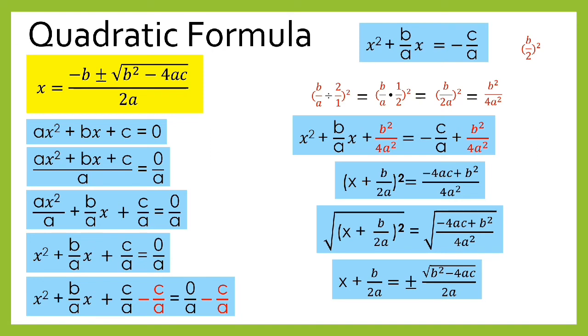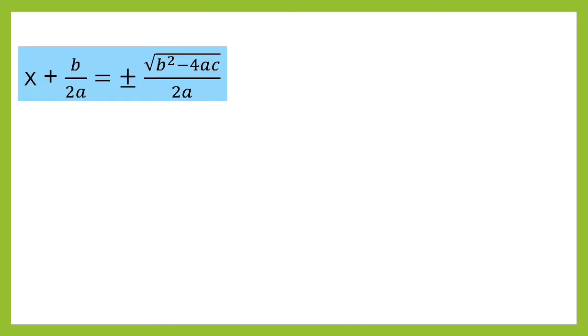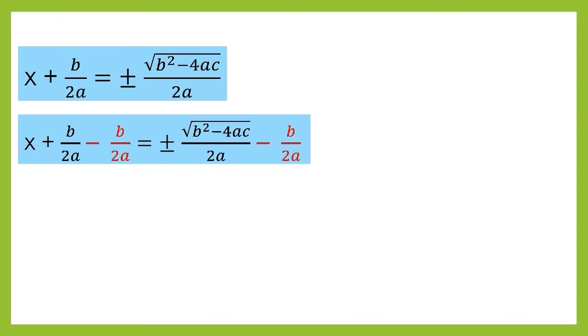Solve for x, we apply the subtraction property of equality. We subtract b over 2a from both sides of the equation. We now have x plus b over 2a minus b over 2a equals plus or minus square root of b squared minus 4ac all over 2a minus b over 2a.